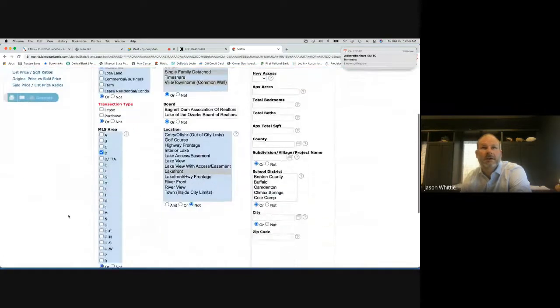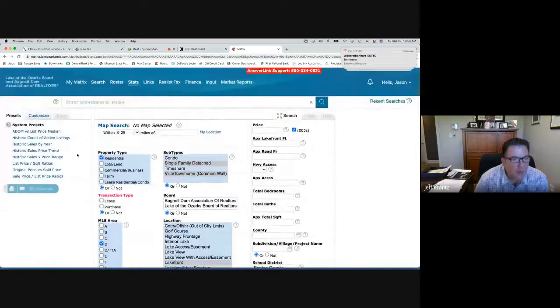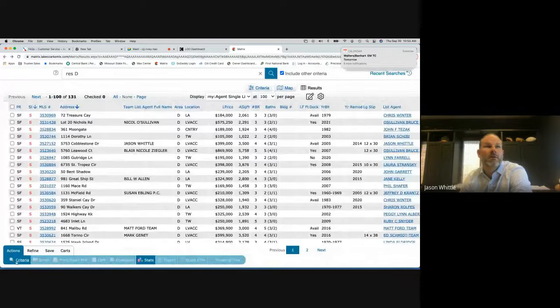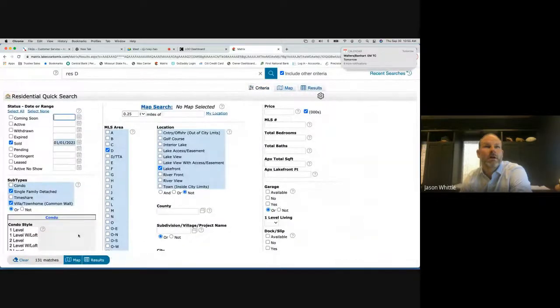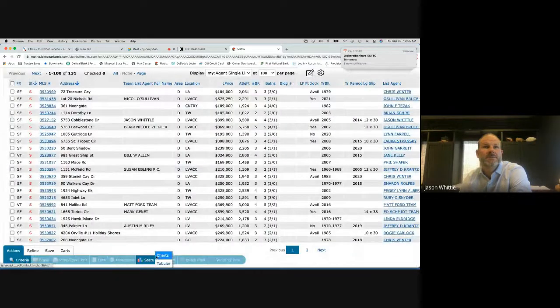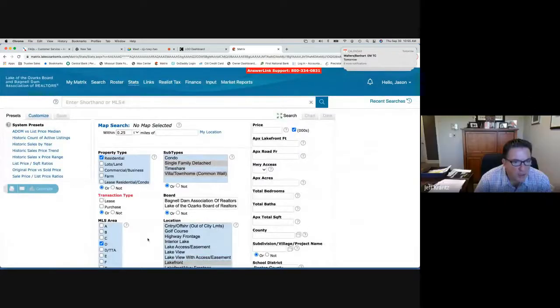Whoa! I thought I gave you a chart. It did. Why did it do that? I don't know. Lakefront, single family, villa, townhome D. Hit results, stats, charts. Huh. Oh, it says transaction type in red. Do you have to put purchase maybe or something?